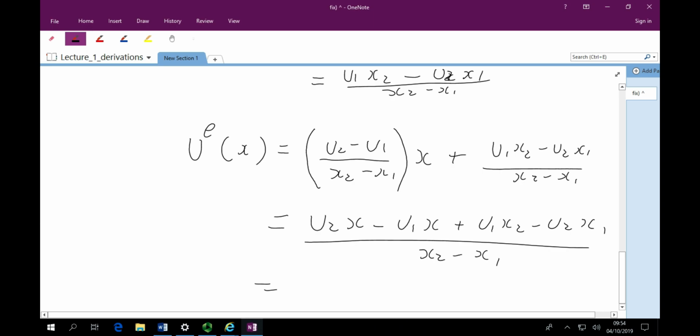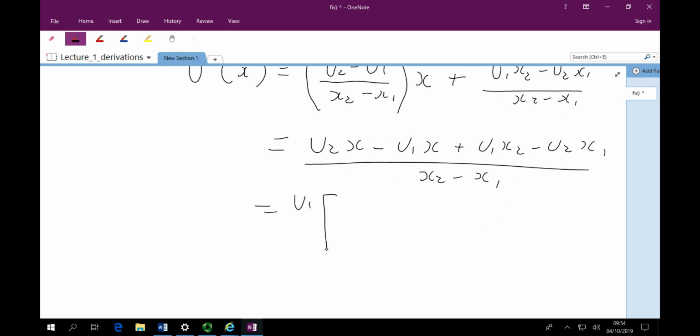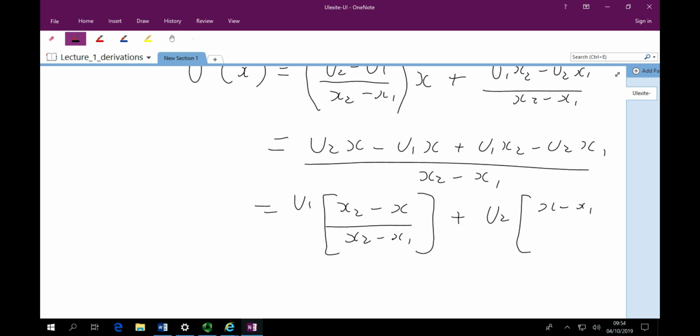And then we just collect together the terms. So we have essentially u1 (x2 minus x) all over x2 minus x1, plus u2 (x minus x1) all over x2 minus x1. So it's a little bit sloppy, let me just clean that up.